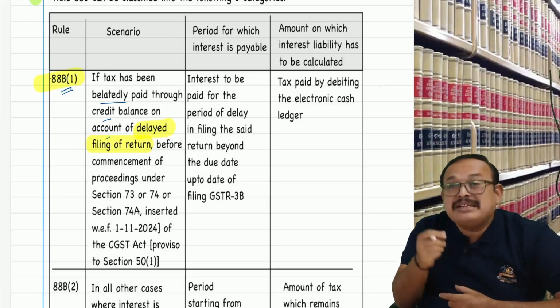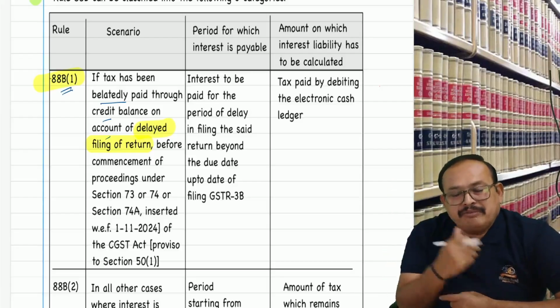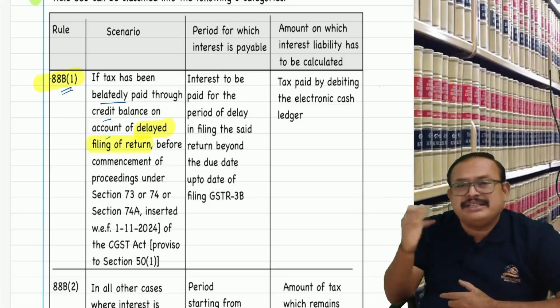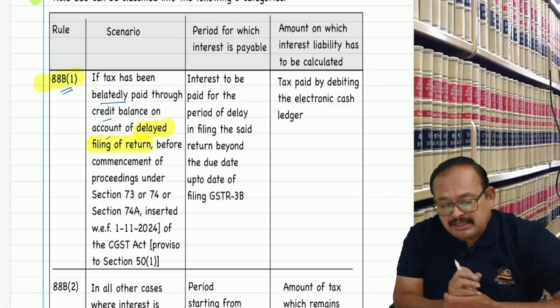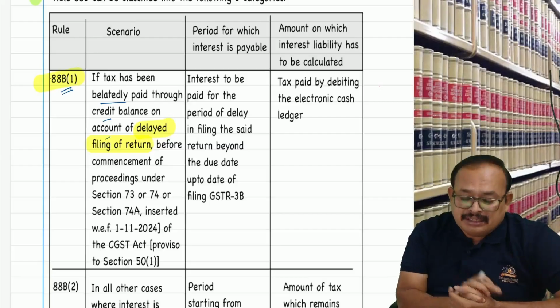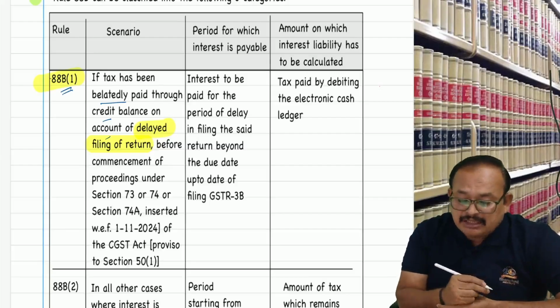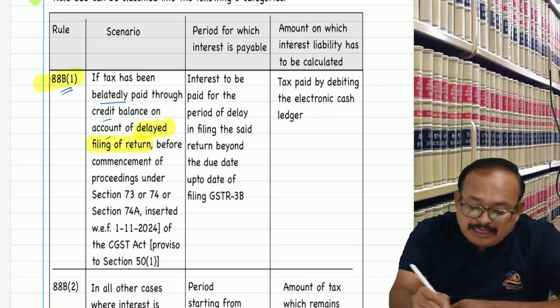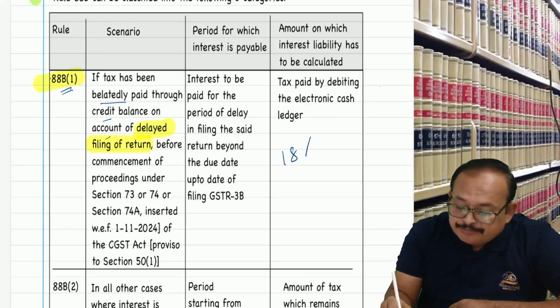In that case, that is, self-assessment tax, while paying, can you avail self-assessment credit? Yes. Then in that case, this interest at the rate of 18% per annum will come into picture.